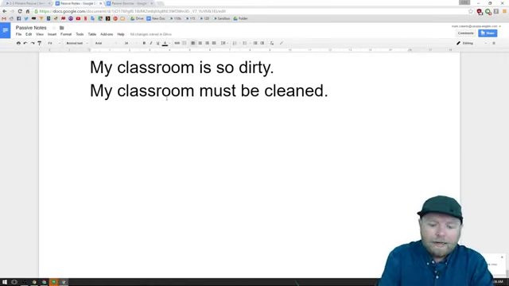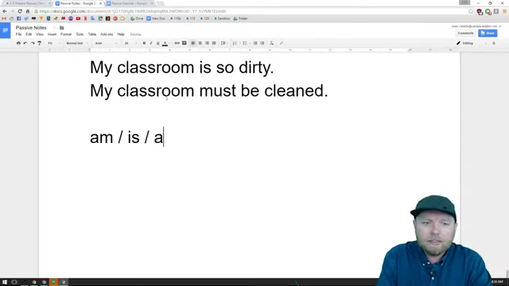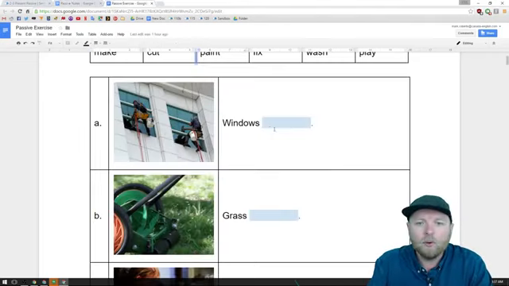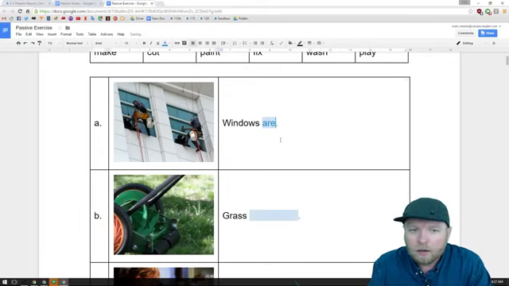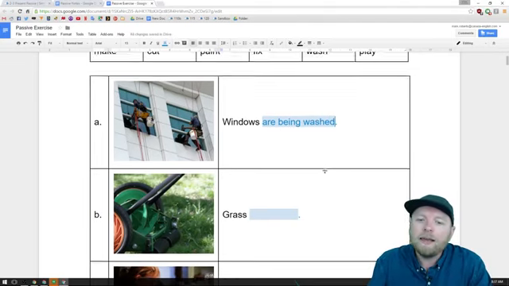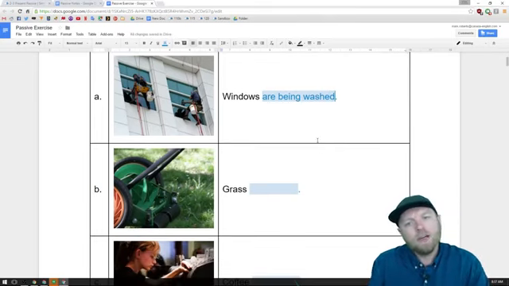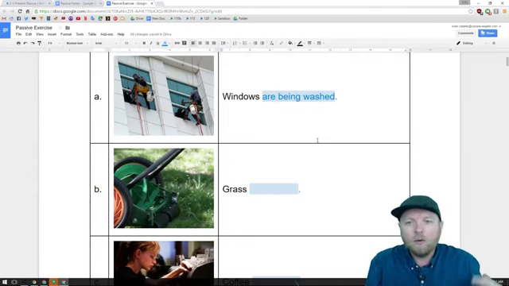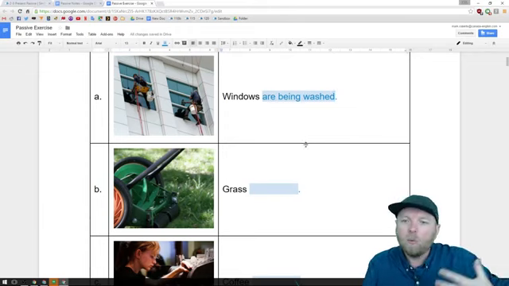Well, remember, right now we need am or is or are plus being plus a past participle. So what's happening right now? The windows are being what? Washed. Windows are being washed. So you guys in the chat, please type A: windows are being washed.